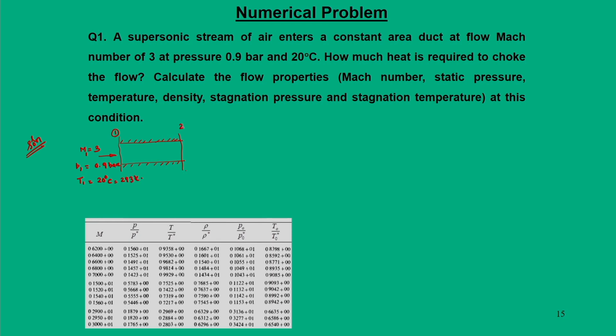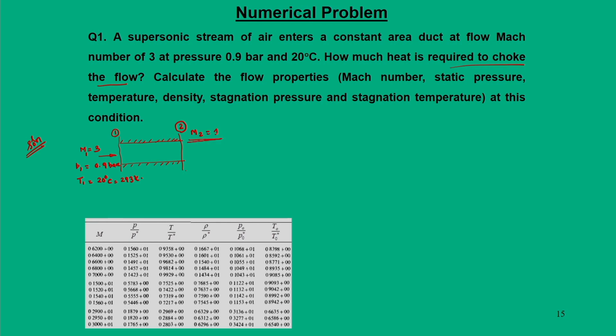What is required? At condition 2, we say that the condition is achieved by choking. So choking the condition means here we say M2 is nothing but 1.